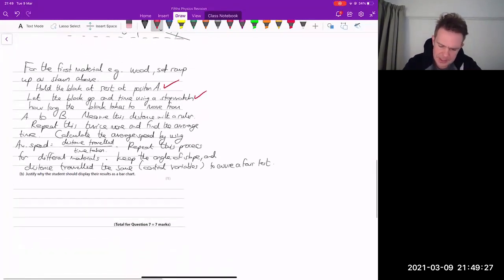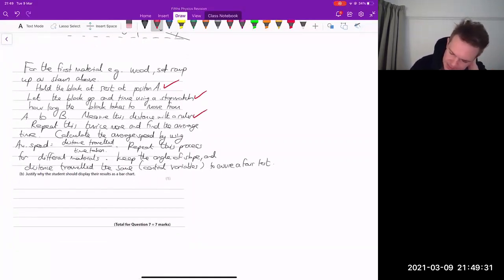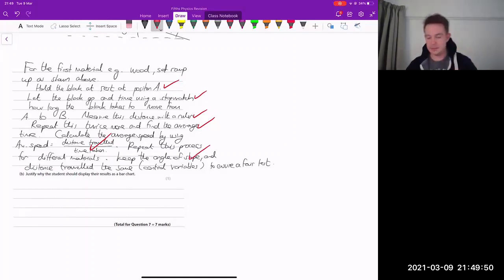How long the block takes to move from A to B. Measure the distance with a ruler. Repeat this twice more and find the average. For repeat twice more and average, I would give 1 mark. Calculate the average speed by using the formula. Repeat this process for different materials, and then some mention of control variables. Okay, so there we go. There are the 6 marks I would choose.